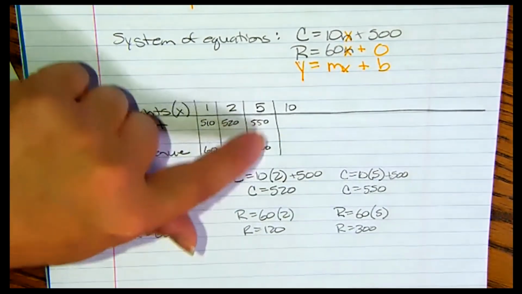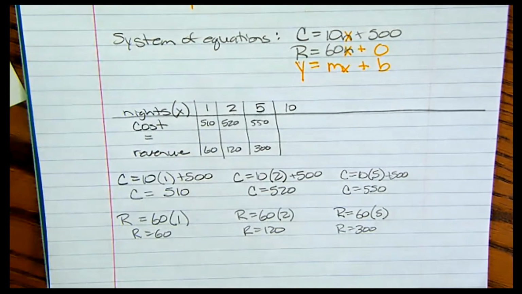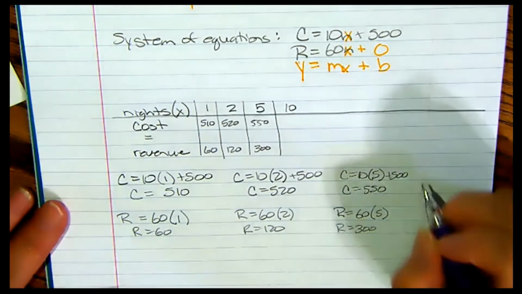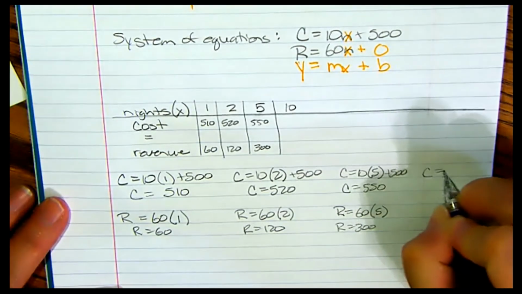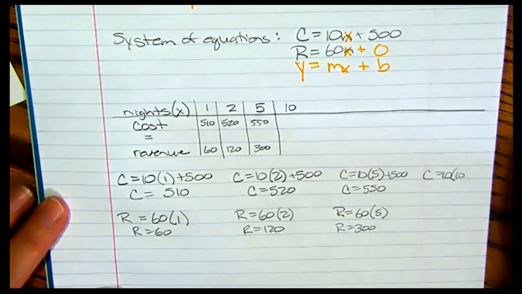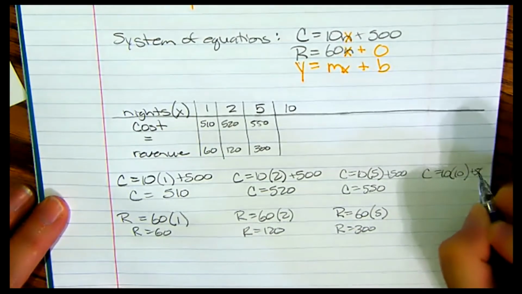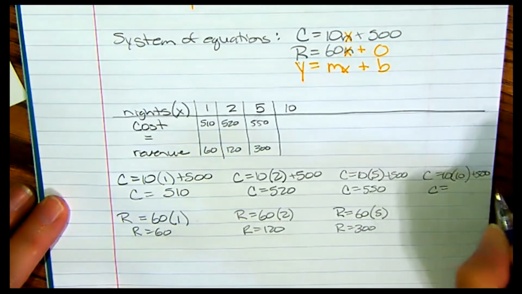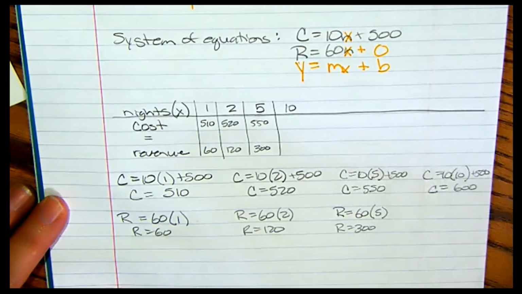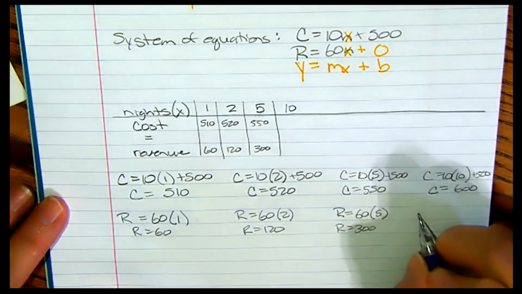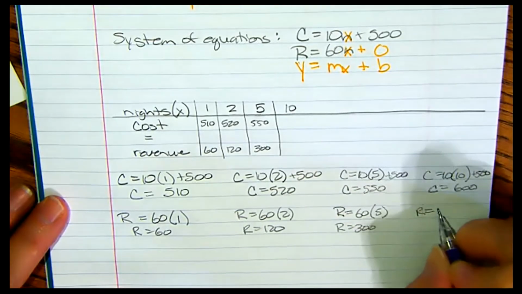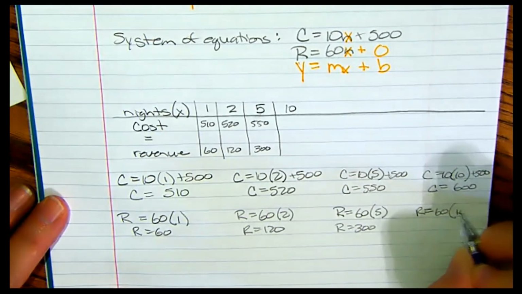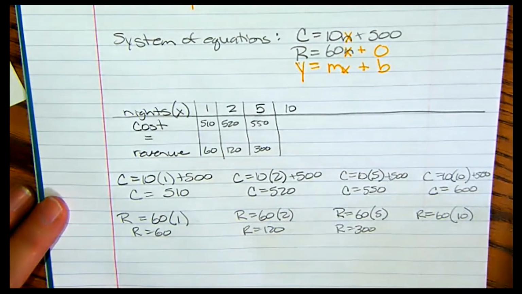Depending, we want these two to be as close to equal. Okay. So my cost is $10 for 10 nights plus 500. So my cost, 10 times 10, is $600. My revenue is $60 times 10 nights.